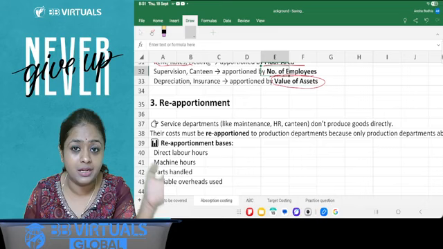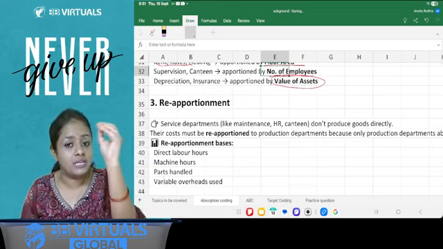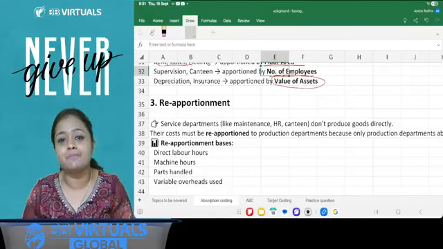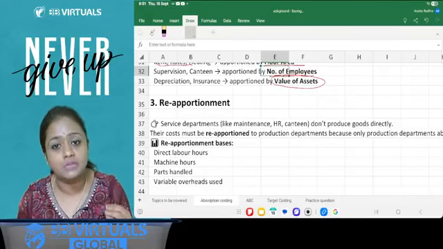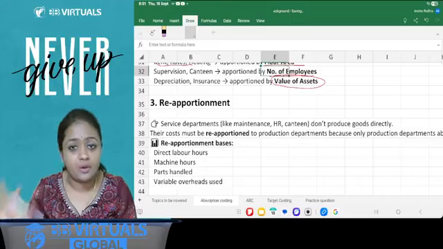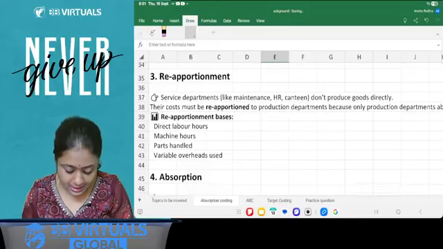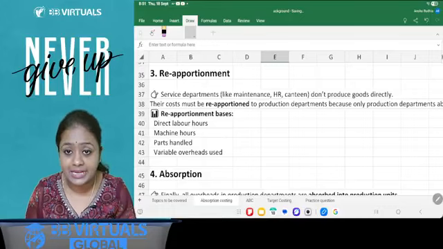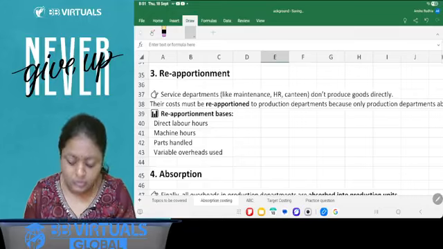And why are we doing it? Because we need to absorb these overheads into the product cost, and only the production overheads can be absorbed into the product cost. See, logical? You should have this logical flow in your mind. So let's see here. Reapportionment is for service departments like maintenance, HR, canteen that don't produce the goods directly.